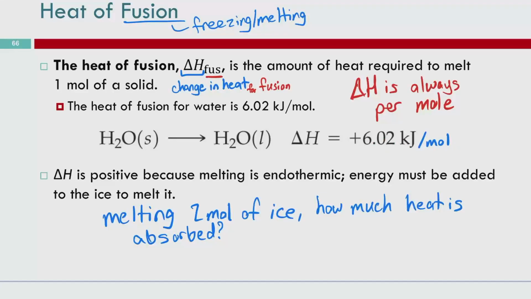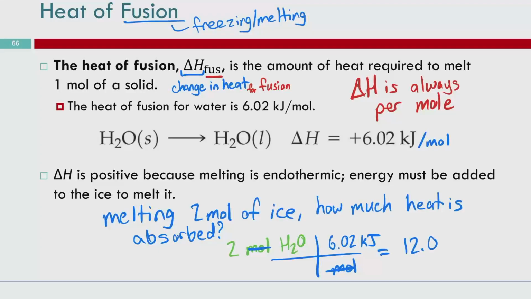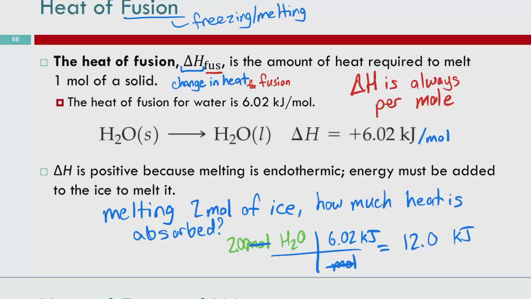We have 2 moles. So we're going to multiply the number of moles by our kilojoules per mole. The mole parts cancel. We get 12.0 kilojoules. Let me get 2.00, so the sig figs work out.